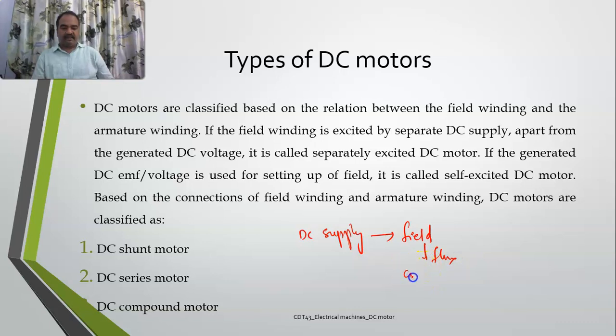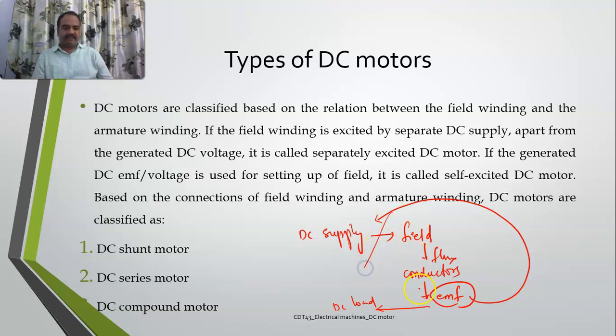Now this is being cut by the conductors, and again EMF is developed. Now, whether you want to utilize the same one here or not, this is a big question. Separately excited and self-excited machines. Now the field winding is excited by a separate DC supply.